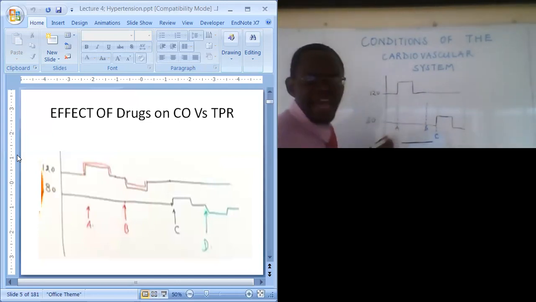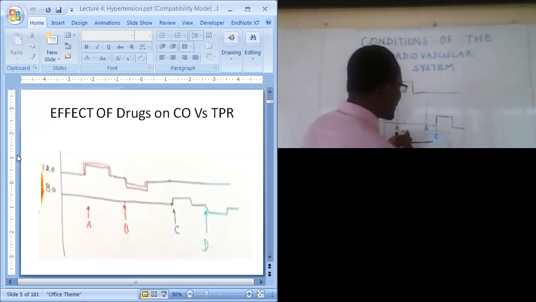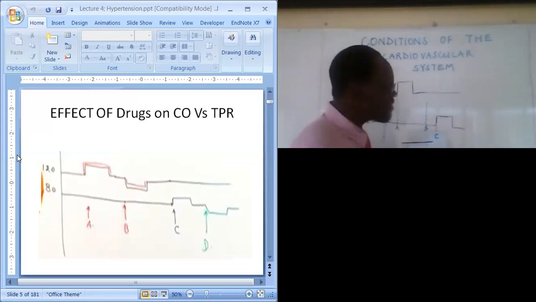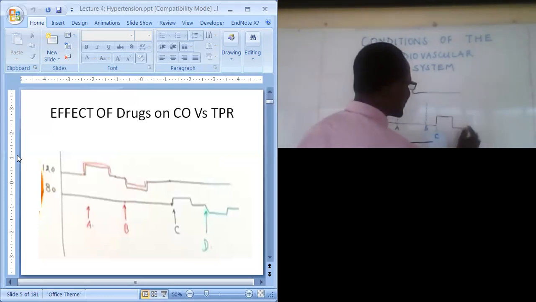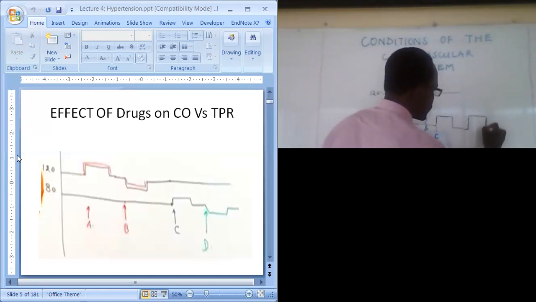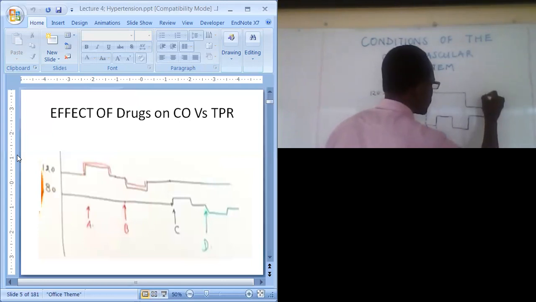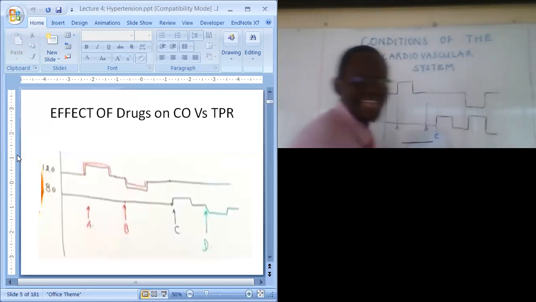Now, if I give another drug D, and that drug D does something like this, and then it does something like this as well, what does that mean?